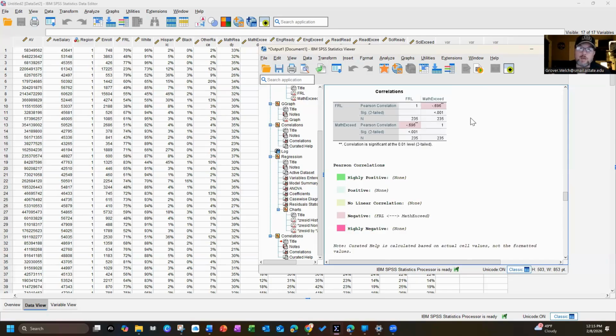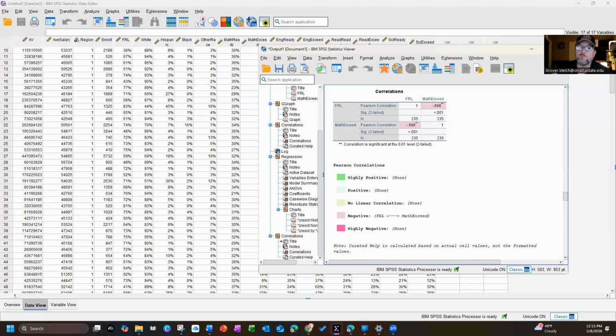As you can see in the correlations table on screen, the results show a Pearson correlation coefficient of r equals negative 0.696 with a significance value of less than 0.001. The double asterisk notation indicates that this correlation is significant at the 0.01 level using a two-tailed test.